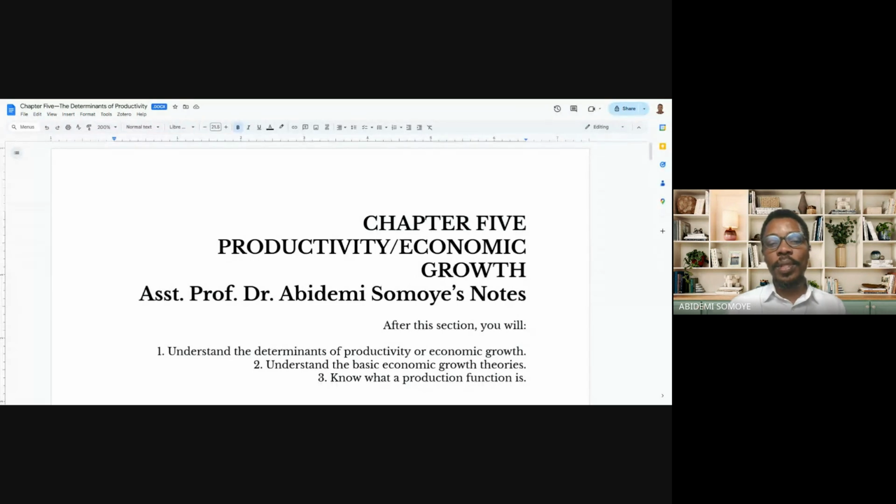And in this class, we're going to take a look at productivity or economic growth. After this section, you will understand the determinants of productivity or economic growth, understand the basic economic growth theories, and know what a production function is. All right.